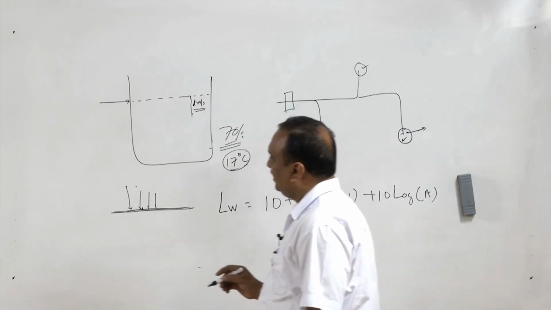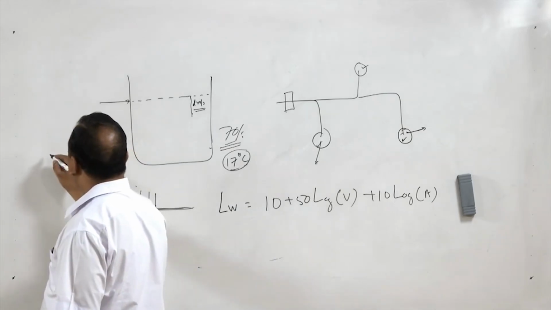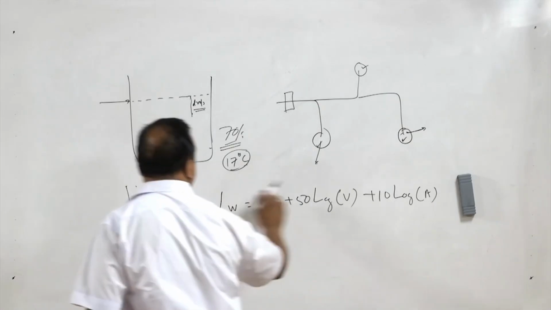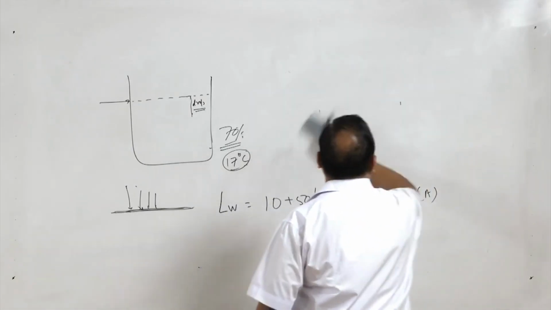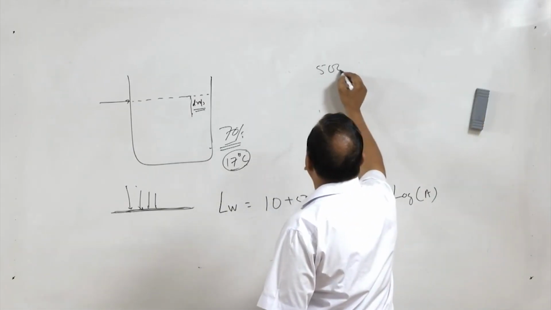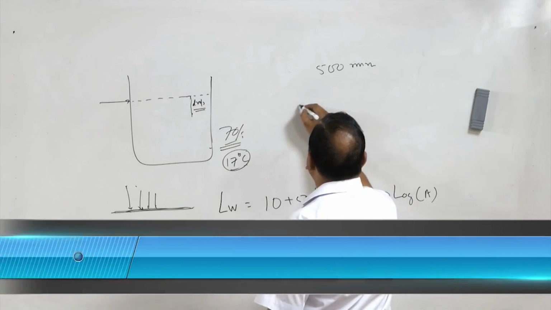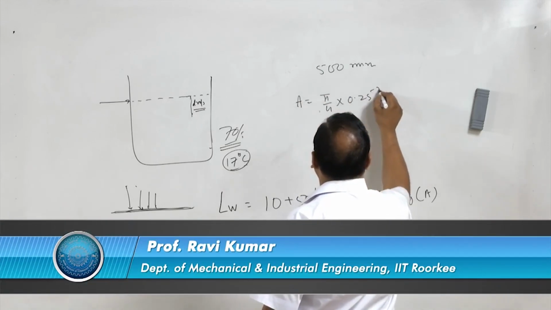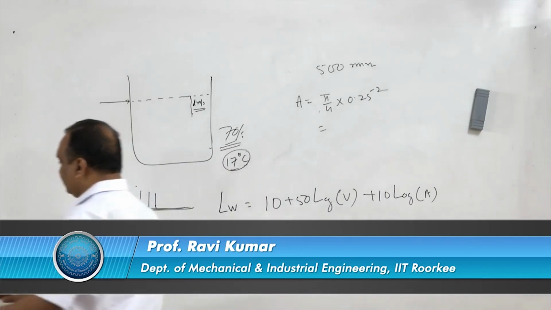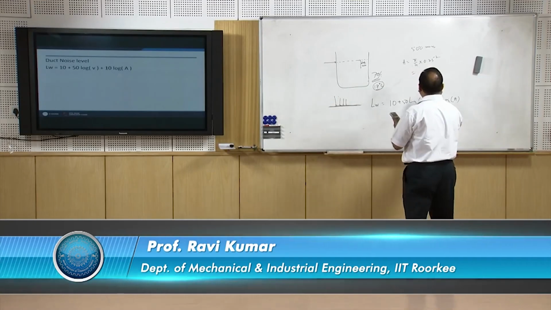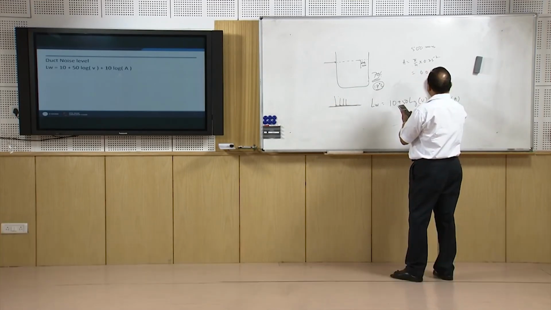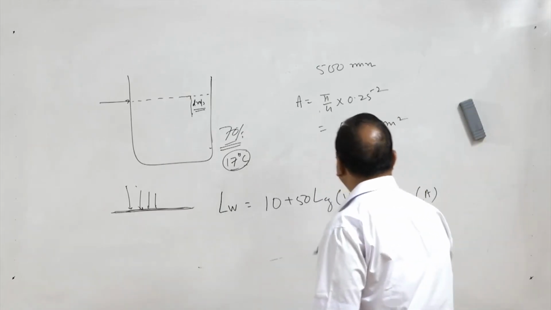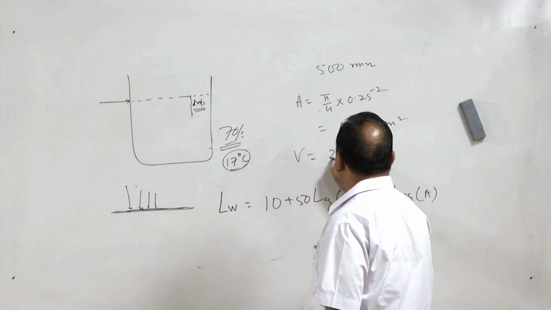This is a very simple formula. Suppose a duct has a diameter of half meter, a 500 mm diameter circular duct. So area is going to be pi by 4 into 0.25 square, and that is going to be equal to 0.049 meter square. Now area and then velocity, duct velocity, let us say 20 meters per second.